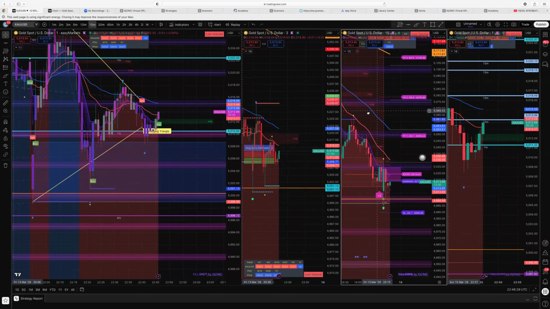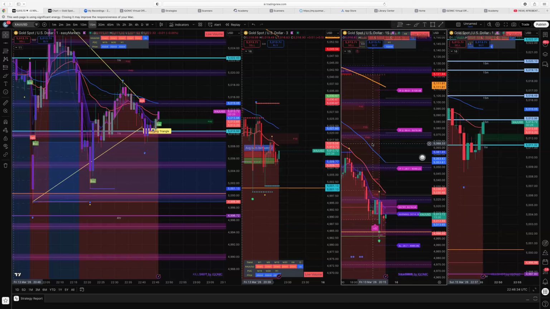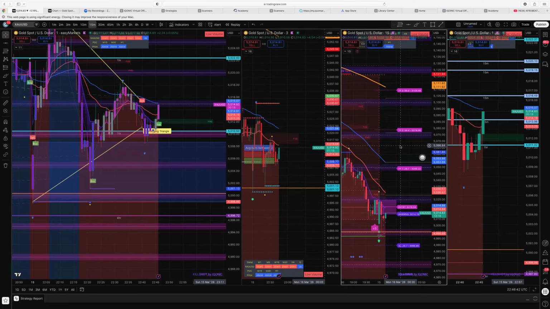What have we got here? This has called out a possible buy as well. This is on the 15-minute. So obviously it has to come up here first.